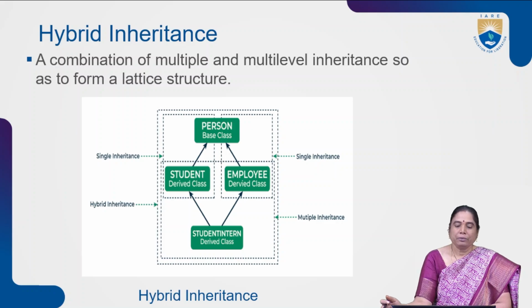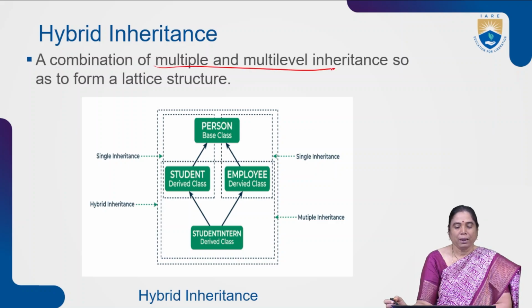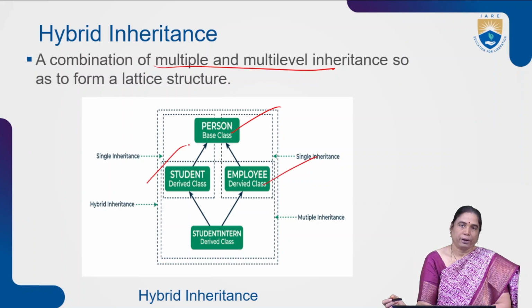Next variety is hybrid inheritance. It is a combination of multiple and multi-level inheritance. Here, consider an example. Person is the basic class. From that, the derived classes are employee as well as student, which in turn is single inheritance. But it can be used to derive one more subclass.